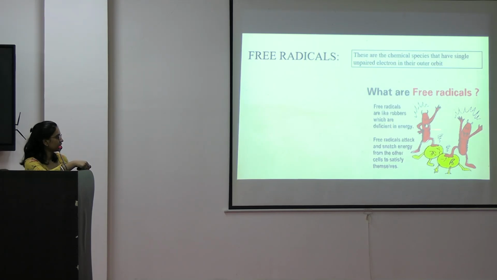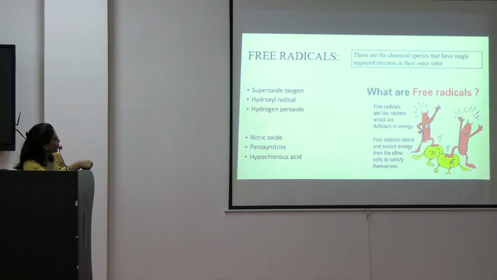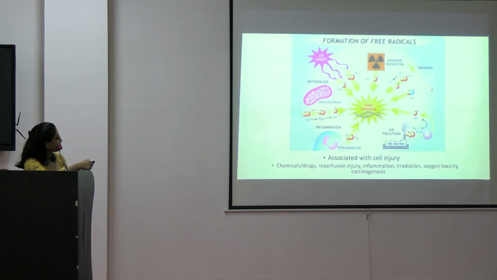They go and attack the normal cells and try to snatch away one more electron for pairing, so that they can become inactive. So what are the examples? Superoxide oxygen, hydroxyl radical, hydrogen peroxide, these are the common ones, and nitric oxide, peroxynitrite and hypochlorous acid. All these are examples of free radicals.